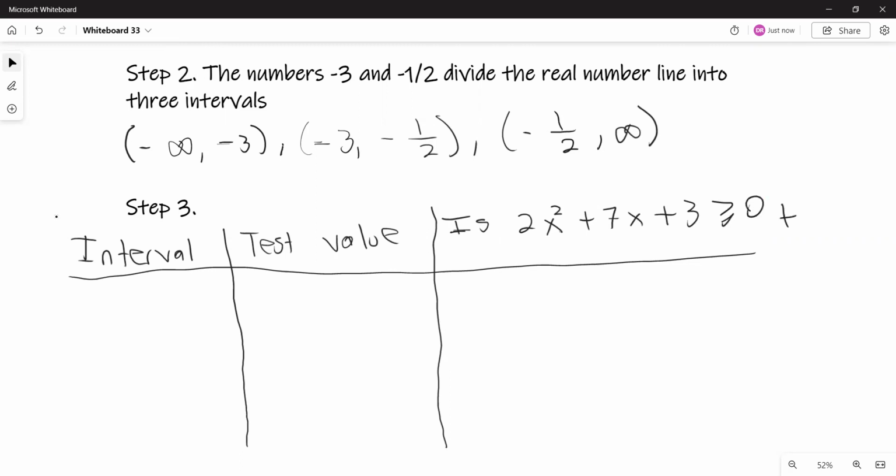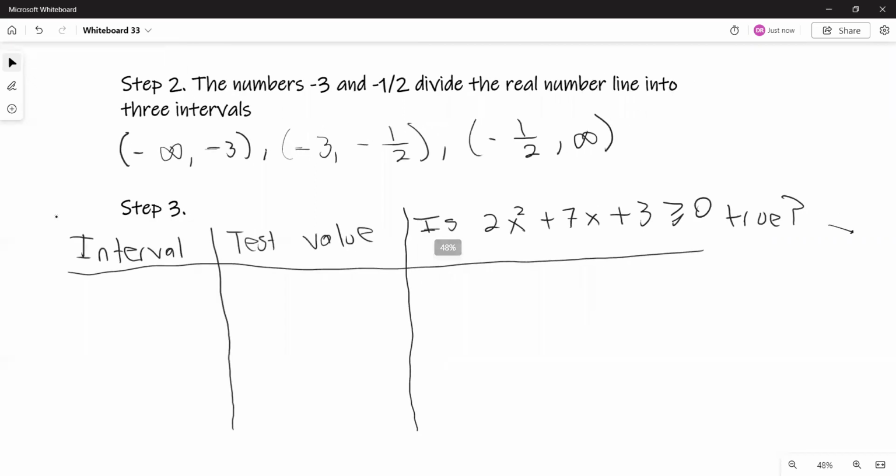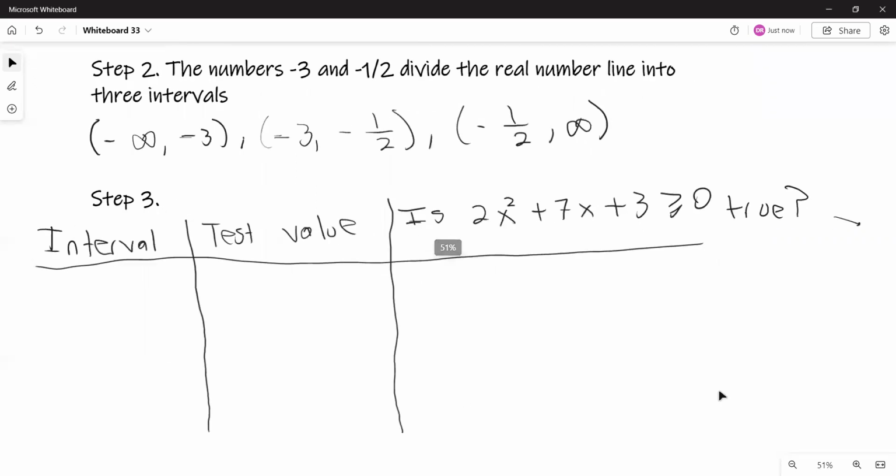Is this true? The first interval is -infinity to -3, and we're going to write down the intervals.